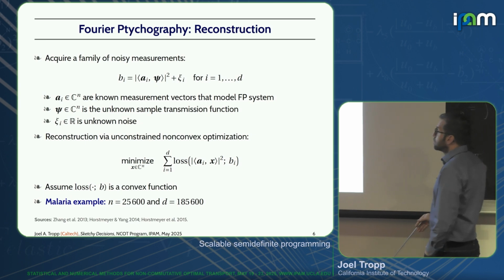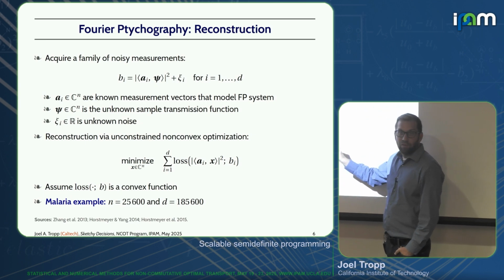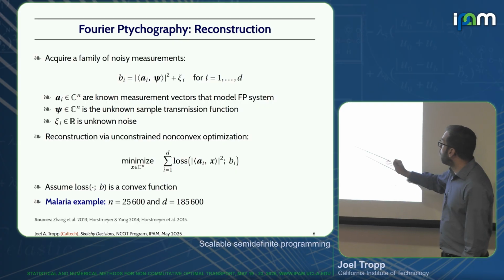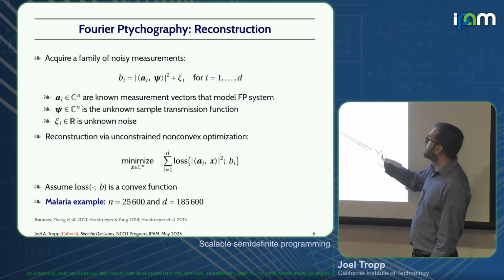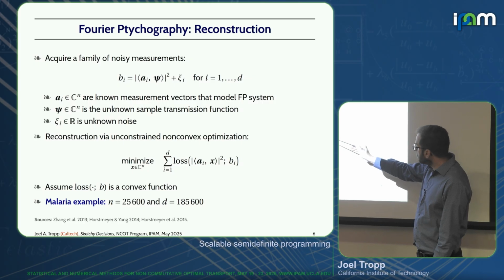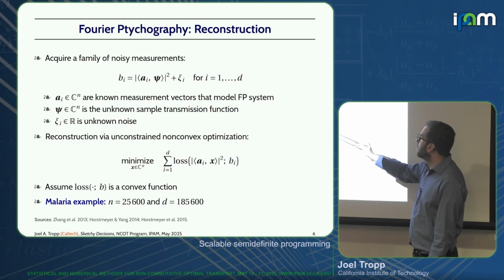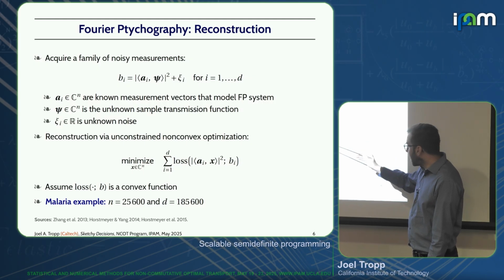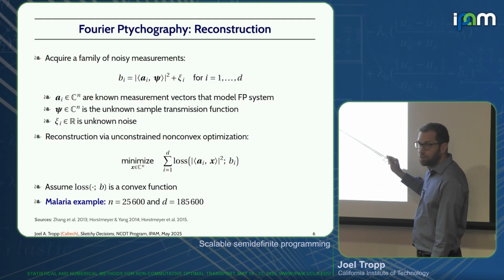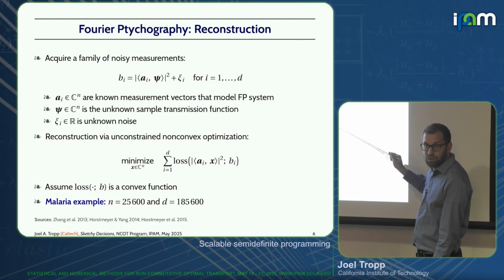And the way we do that is to go searching among all vectors in C^n for the one whose apparent image under the action of the microscope produces intensities that are close to the measured intensities. Okay?